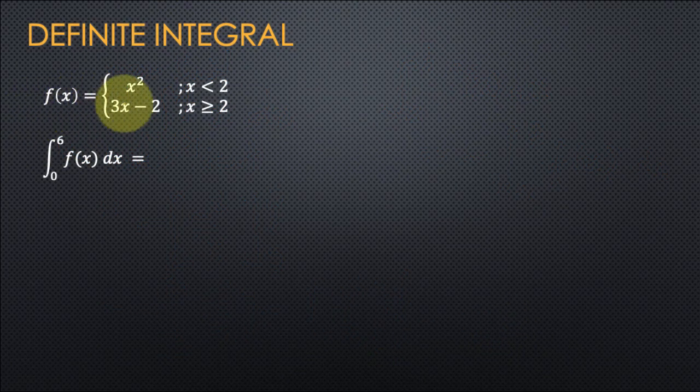Suppose that you have a piecewise function. Fx is equal to x square if x less than 2, 3x minus 2 if x greater than or equal to 2. This is your 2. So in here is x square, and in this area is 3x minus 2.